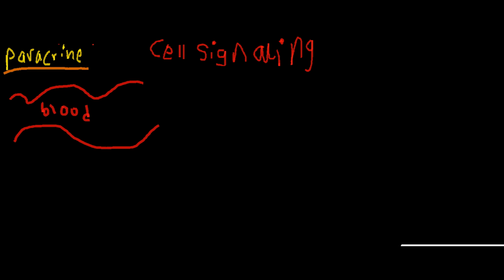Let's say that there happen to be just 2 cells, and 2 cells that happen to be quite close to each other, like maybe right here. Let's put it right here. They're pretty close by.